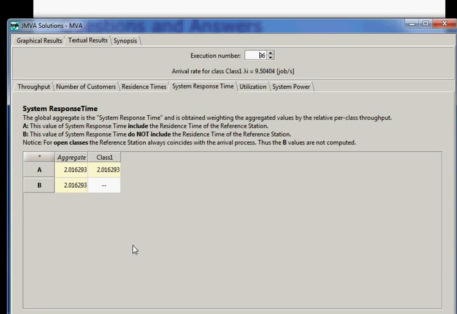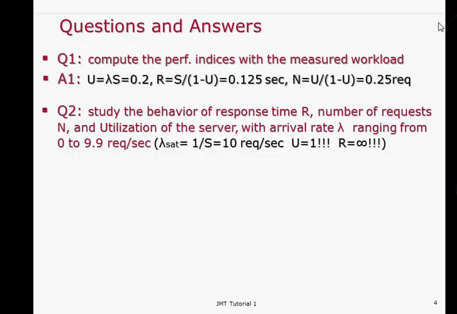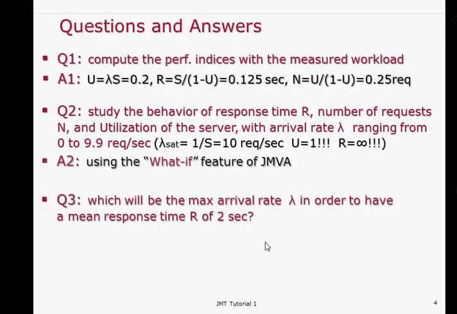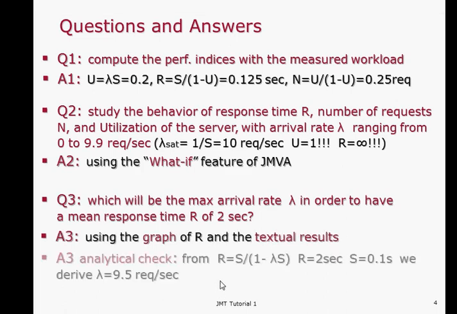This value can also be obtained in a different way when we run simulation, but in this simple case of this simple model we may also obtain it analytically. Let me point out the analytical verification.